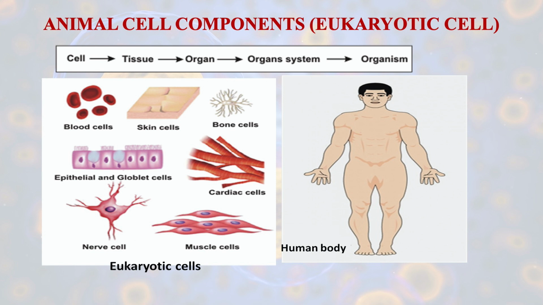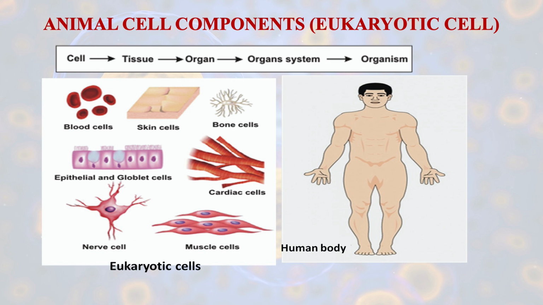Now the human body is made up of trillions of cells. There are 200 types of cells that form the human body. So the eukaryotic cell has the capability to form and organize into tissues, organ systems, and the organism. The human body is more complex as compared to bacterial single-celled organisms. The human body has blood cells, skin cells, bone cells, epithelial cells, cardiac cells, nerve cells, and muscle cells.